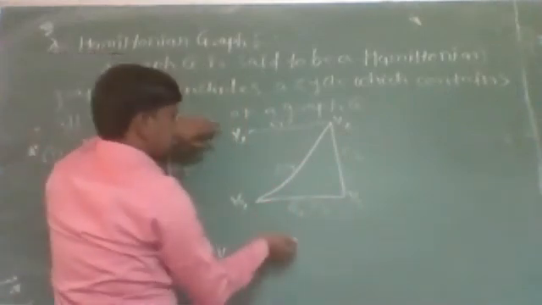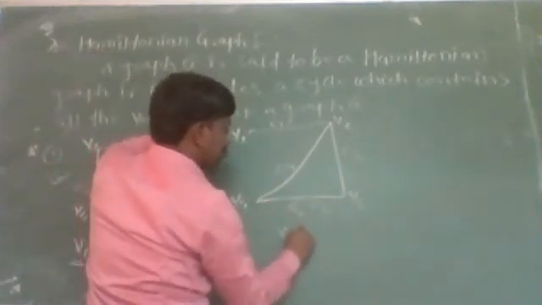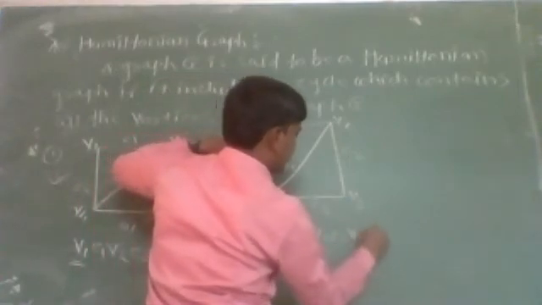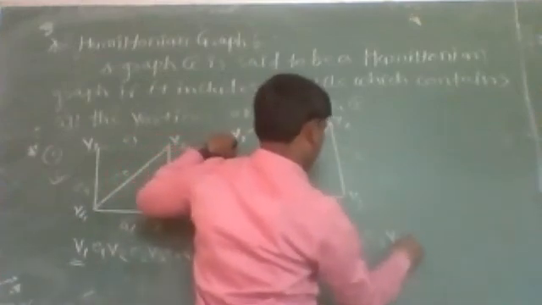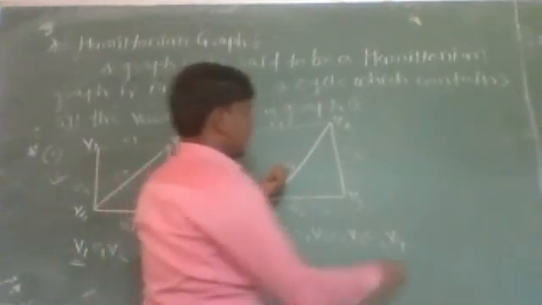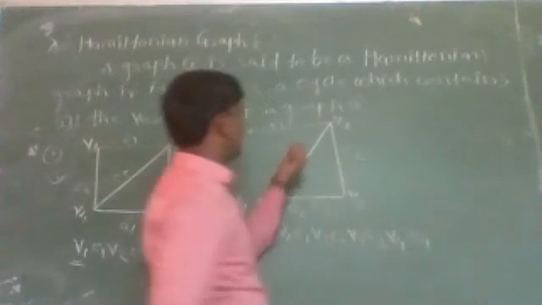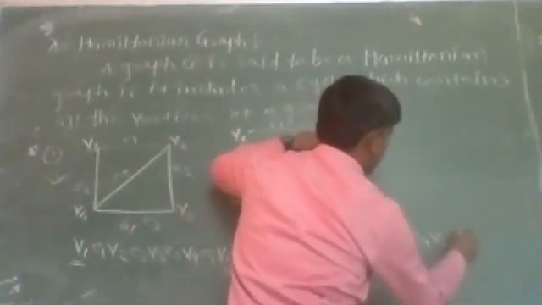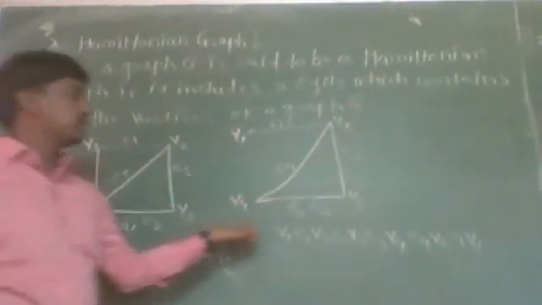Now if we take one cycle in G2 from V1 to V2 to V1, there is only one possible way. First we have to check whether this one is a closed walk.